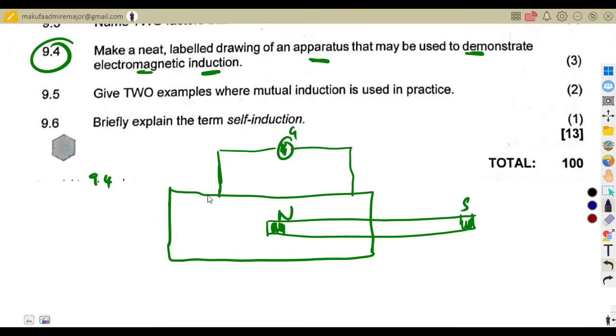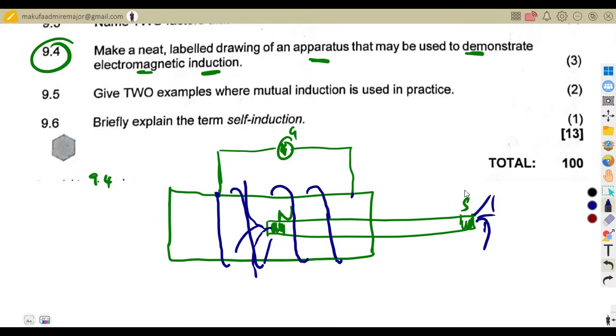Then this coil is supposed to be taken in, something like this up to the end when it joins back here. Remember, the north and south poles will be tending to attract, so we shall have these forces of attraction from these 2 points. So that's a simple sketch that you need.